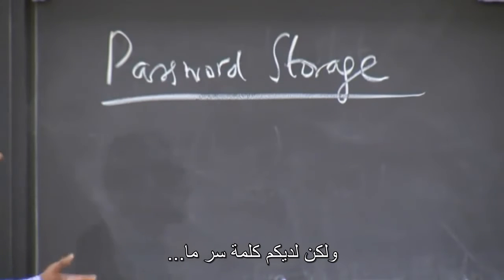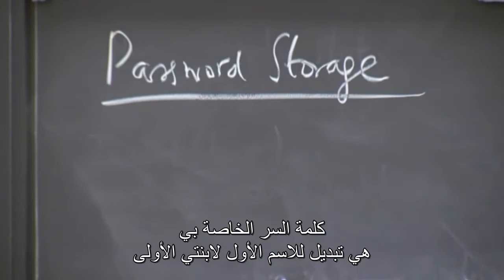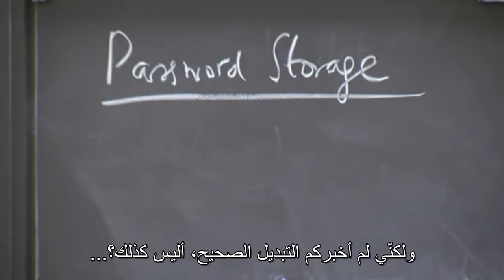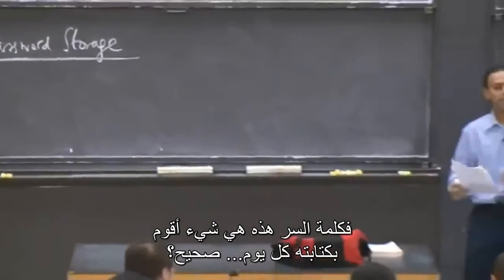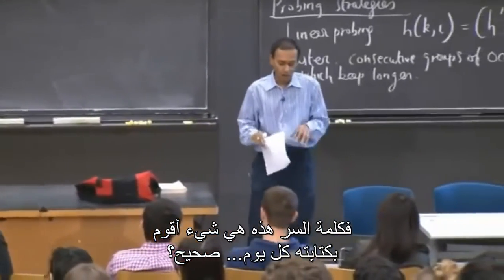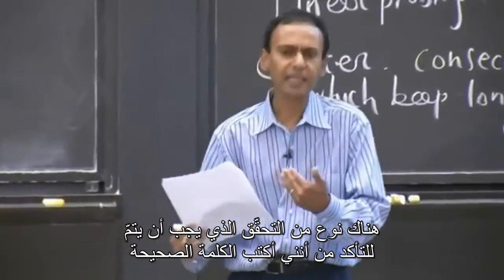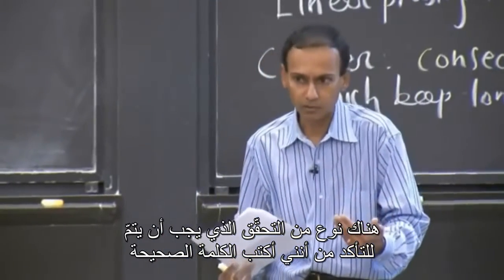But you have a password, and my password is a permutation of my first daughter's first name, and haven't given it away, right? So this password is something that I'm typing in every day, right? Now there's some check that needs to happen to ensure that I'm typing in the right password, right?